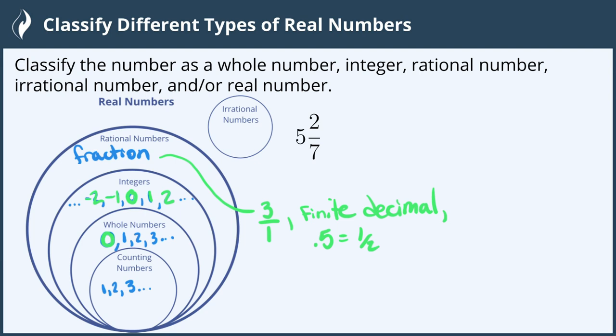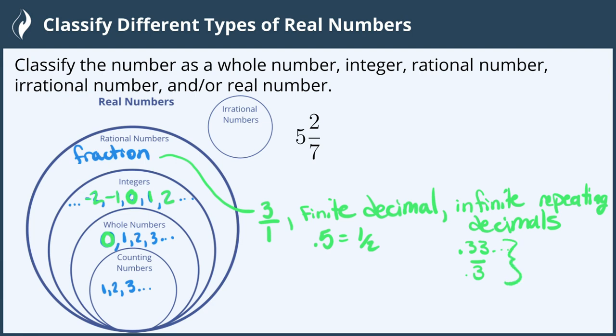However, these infinite decimals must be repeating, whether it be one digit or a group of digits, such as the decimal 0.3 repeating, and it can be represented with dots or with a line over the top of it. These decimals are the fraction 1/3.